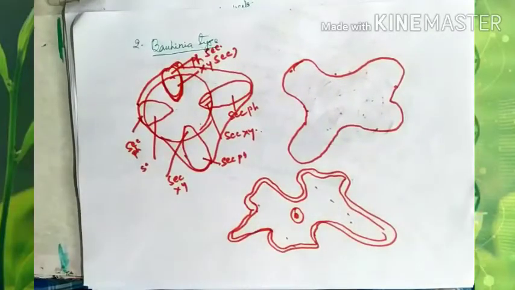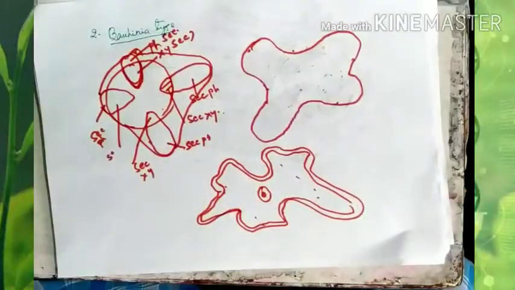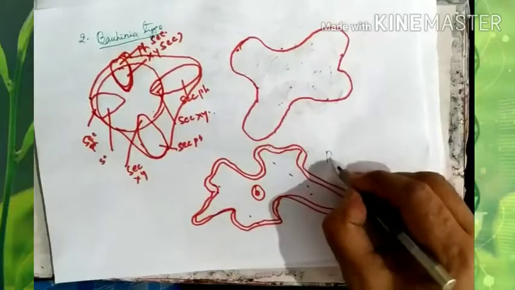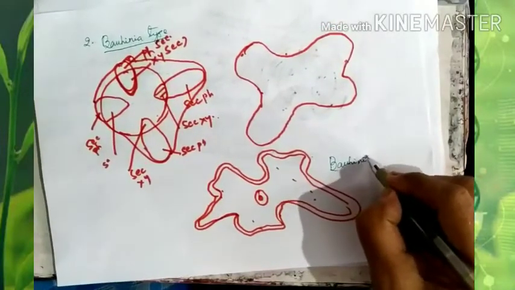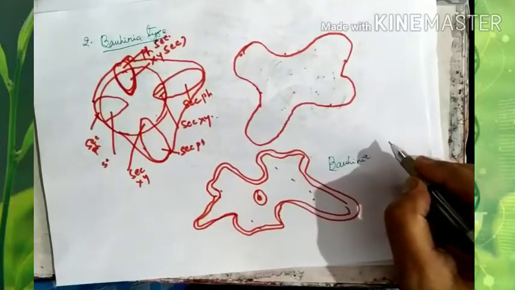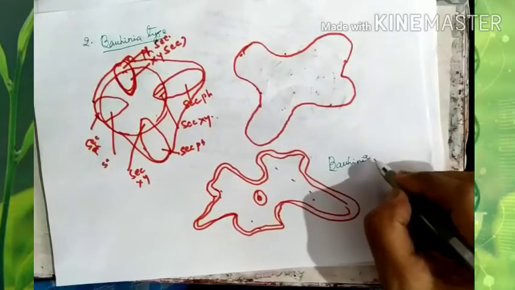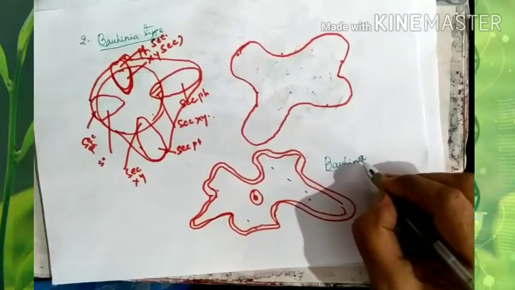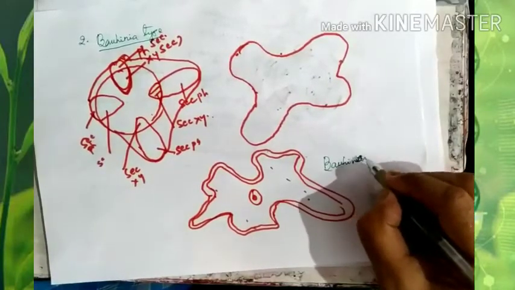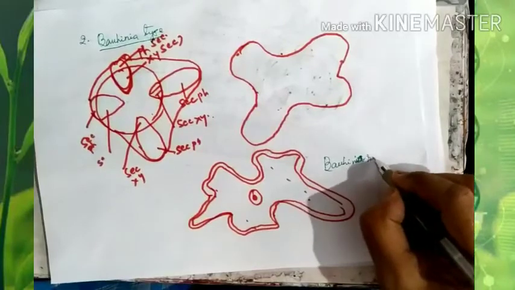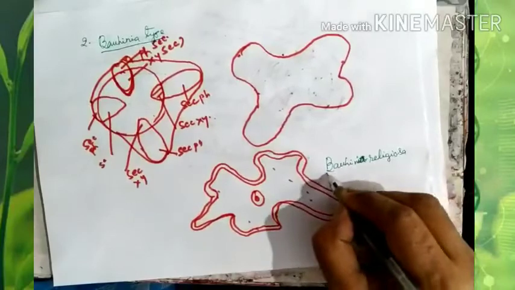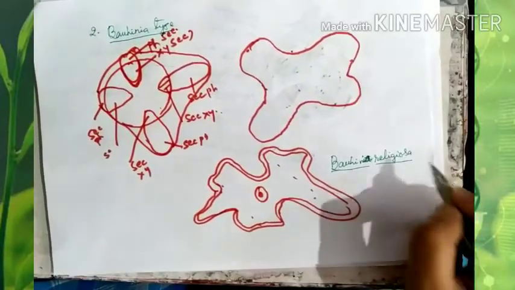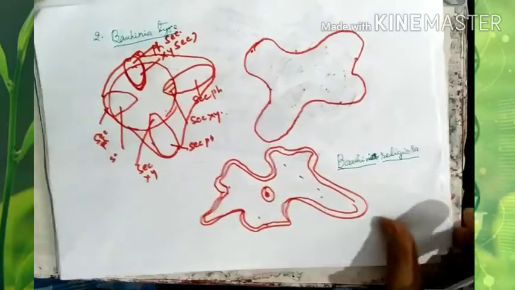This is the example of Bauhinia, which is found in Bauhinia religiosa. So this is Bauhinia religiosa. So this is the example.